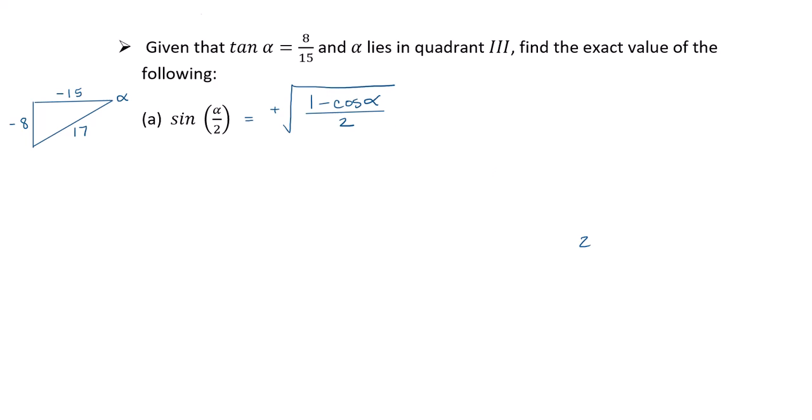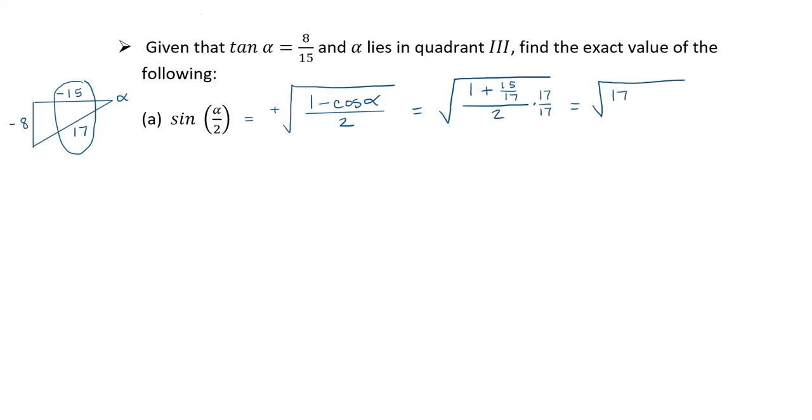Now I can go ahead and find my values and put into the formula. This is the positive square root of 1 minus the cosine of alpha, which is adjacent over hypotenuse. So that's going to be a negative 15/17. That's all over 2. So now I need to take care of the compound fraction inside the radical. I'm going to multiply inside by 17/17, which is another form of 1.